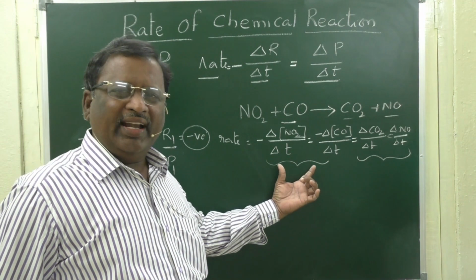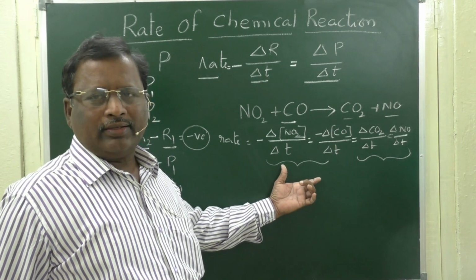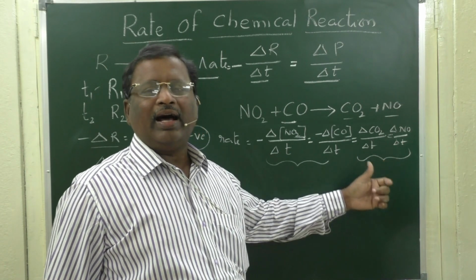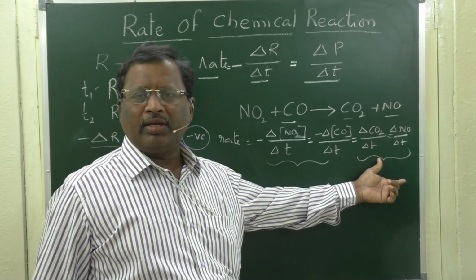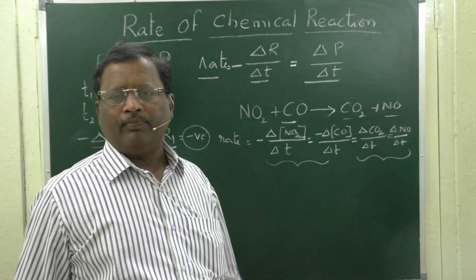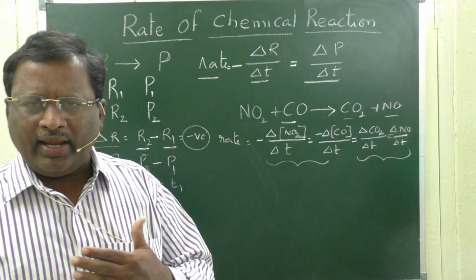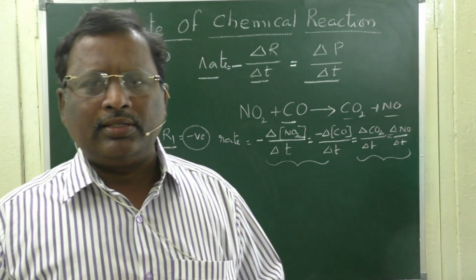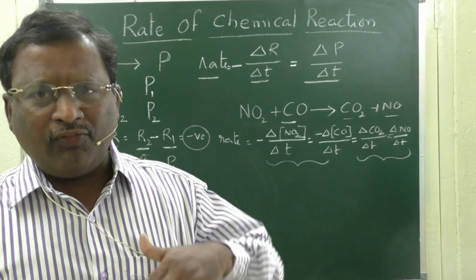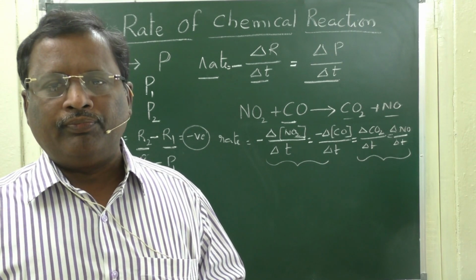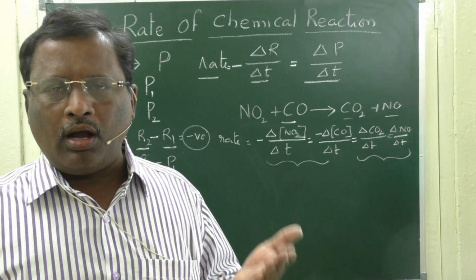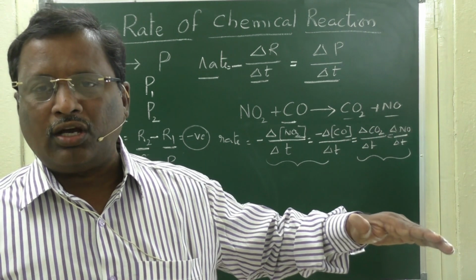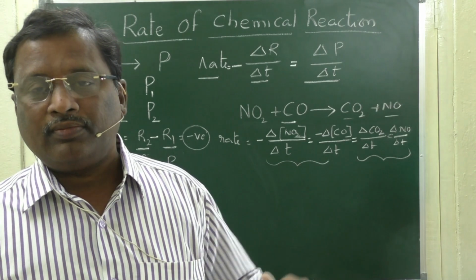These two disappear during the chemical reaction. These two are formed during the chemical reaction. Now, the rate can also be expressed in terms of the rate of disappearance of any one of the reactants or the rate of appearance of any one of the products.